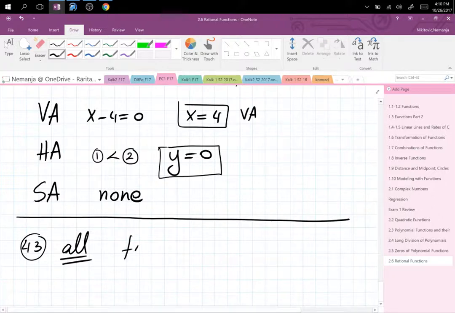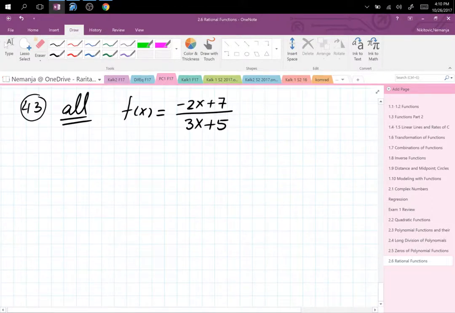So f of x equals negative 3x plus 7 divided by 3x plus 5. No, negative 2x on top. Negative 2x plus 7 divided by 3x plus 5. All asymptotes.